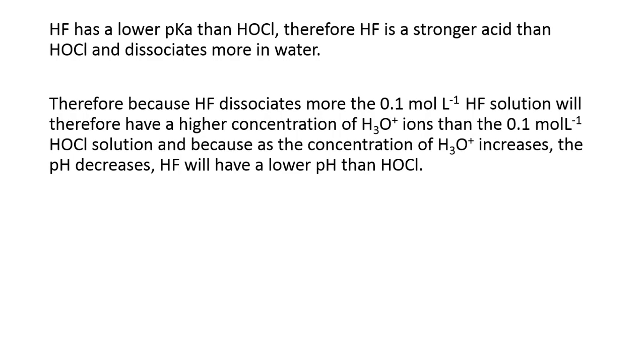So therefore, because HF dissociates more, the 0.1 mole per litre HF solution will have a higher concentration of H3O+ ions than the 0.1 mole per litre HOCl solution, and because as the concentration of H3O+ increases, pH decreases, HF will have a lower pH than HOCl.